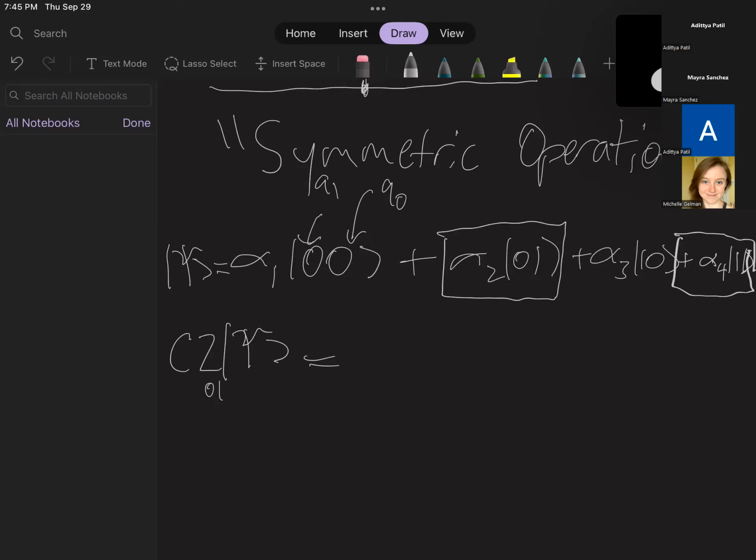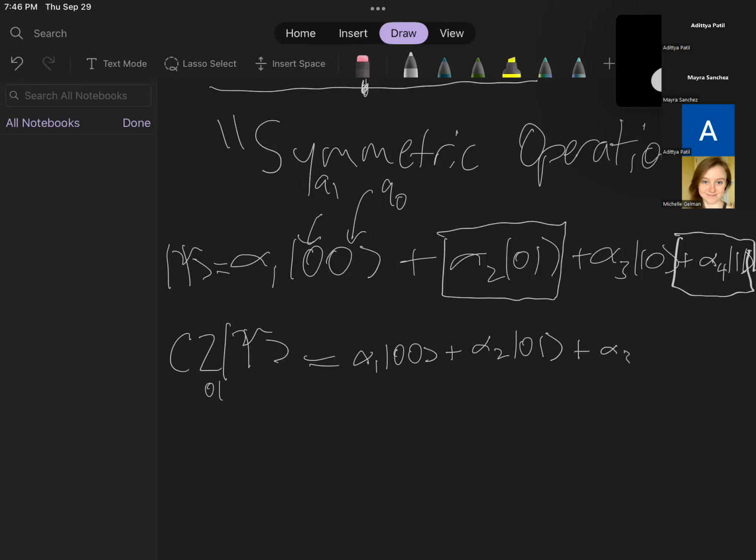If we apply controlled Z to this, the outcome will actually be alpha 1 |00> plus alpha 2 |01>. Nothing happens here because the target qubit is a 0, and that won't change it.